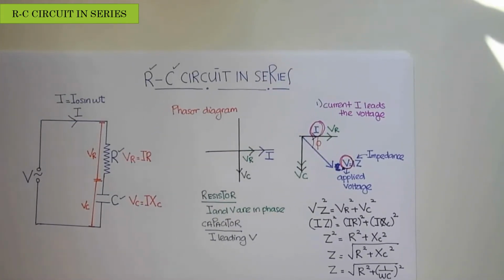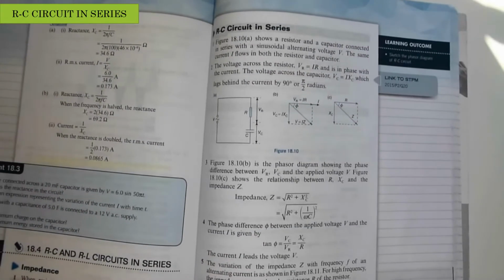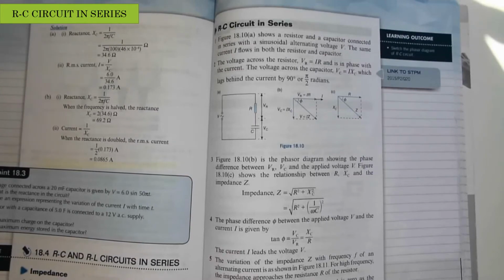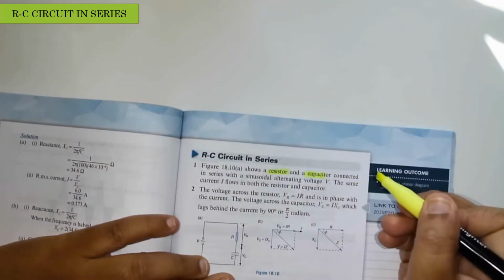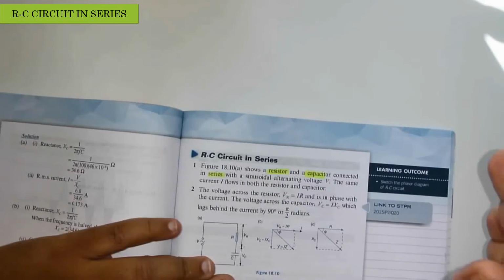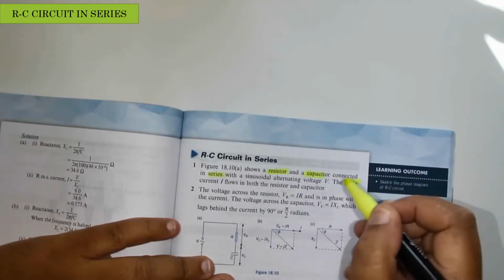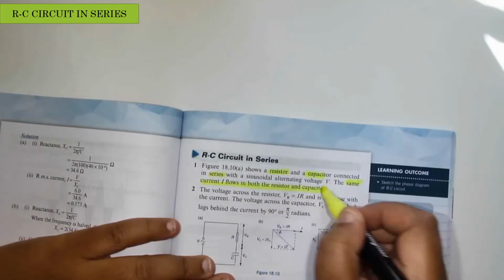Okay. Let's look at our textbook. Figure 18.10a shows a resistor and a capacitor connected in series. Series means the same current flows in both the resistor and the capacitor.